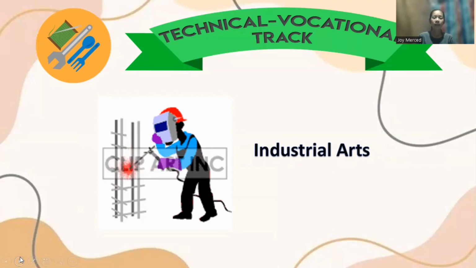Students with industrial arts specializations will be able to demonstrate their skills, competencies, and values in providing repair and maintenance services, installation, manual craftsmanship, and machine safety using available industrial technologies.